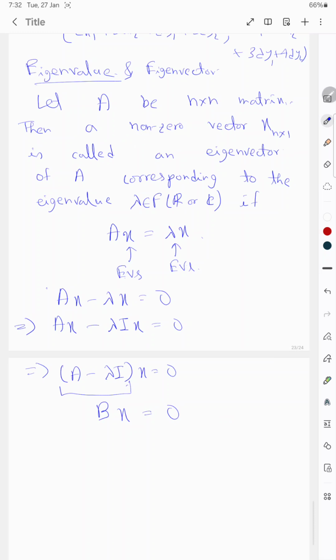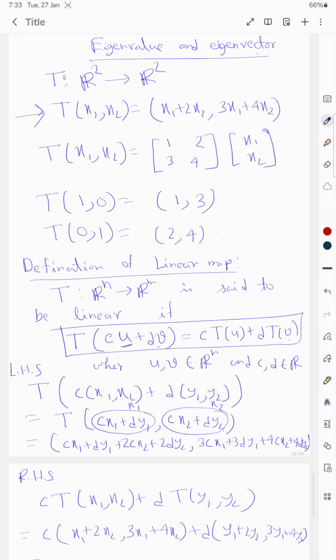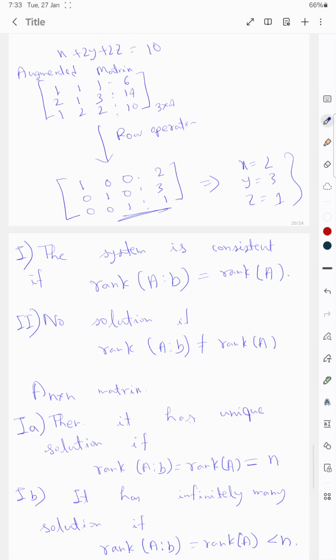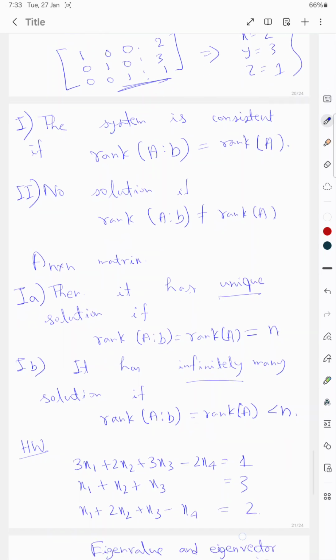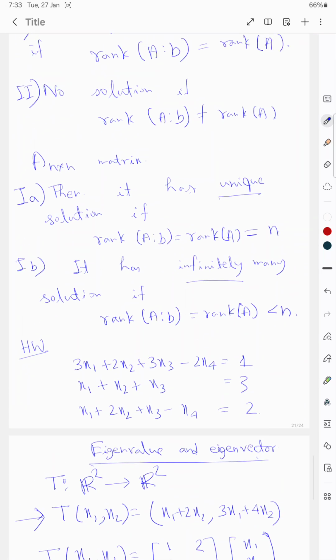Basically you want a system which has more than one solution. You have already seen there are 3 cases: either the system is inconsistent, or consistent with a unique solution or infinitely many solutions. There is no case with 2 or 3 solutions. That type of thing is not in a linear system. So obviously you want infinitely many solutions.